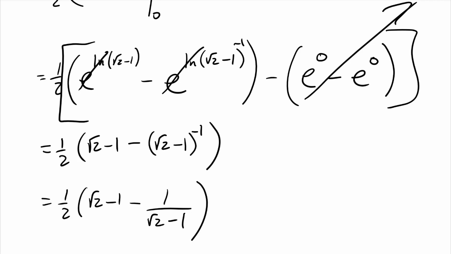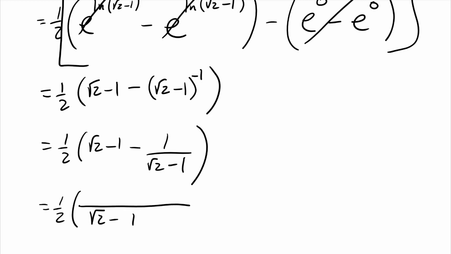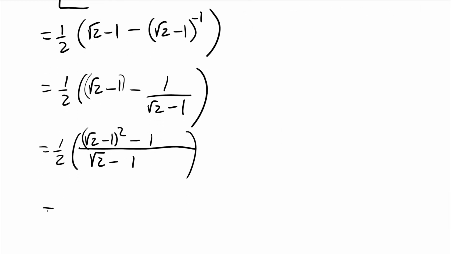Man, how are we going to put all that together? We're going to come up with a common denominator. So we're going to get 1/2 times the square root of 2 minus 1. What we're going to need to do is multiply these things by root 2 minus 1, top and bottom. So we're going to get root 2 minus 1 all squared minus 1, all times a half.